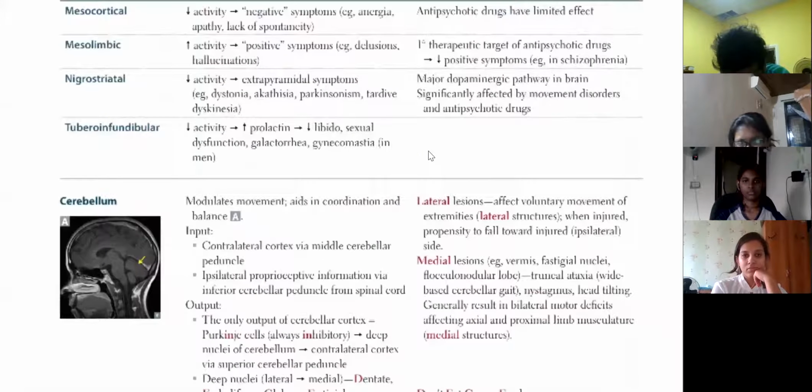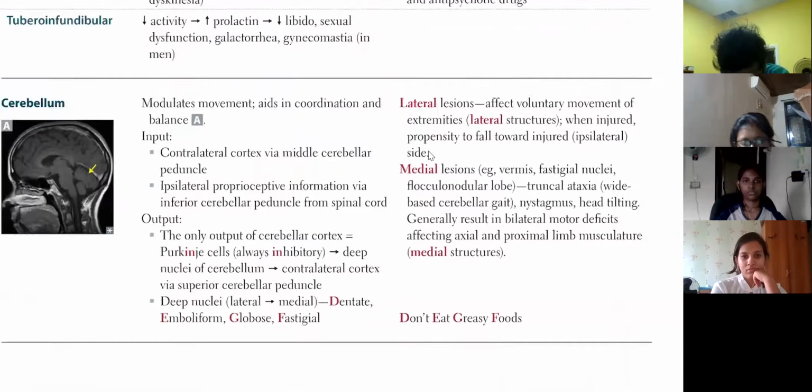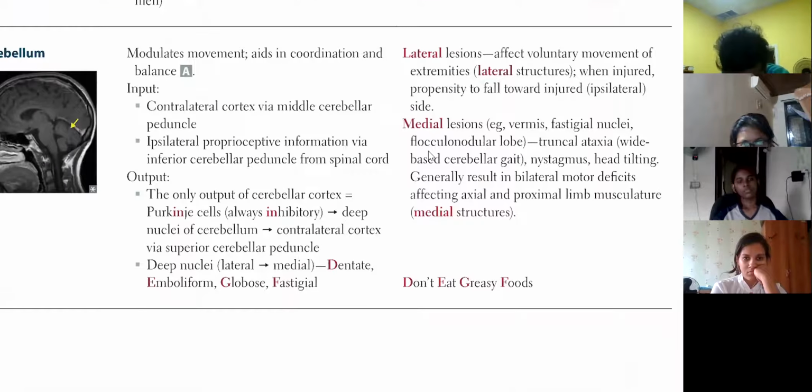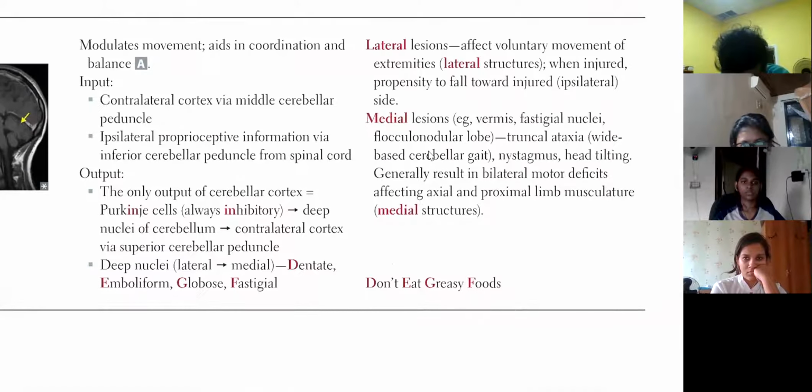Okay, here. If you plan to do USMLE, I told you the first rule: the cerebral cortex sends fibers contralaterally. It enters through the middle cerebellar peduncle. Okay, we will discuss that next.